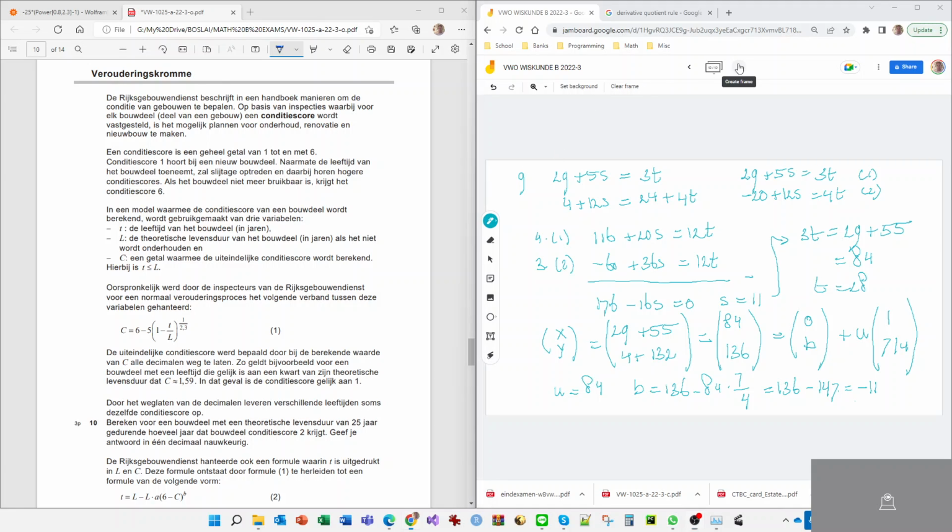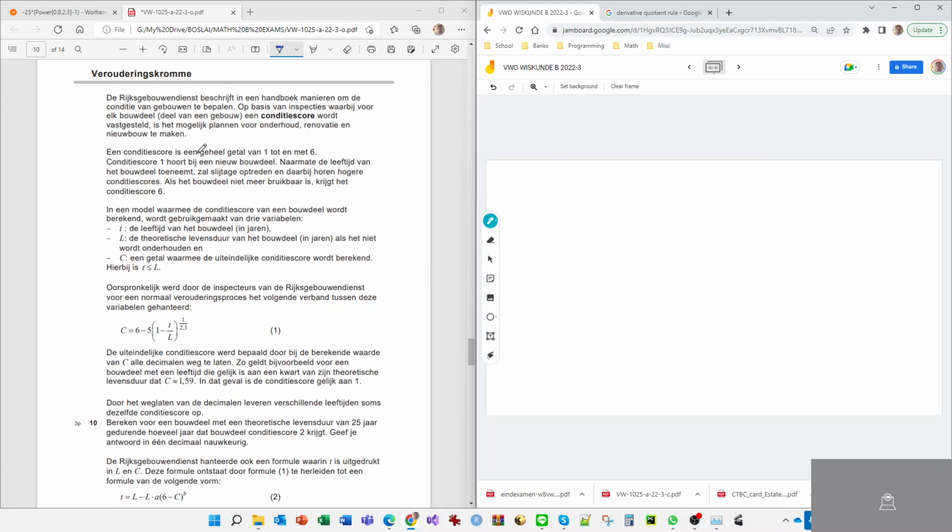Verouderingskromme. All right, another word, these word questions. Actually I don't know how to say this in English, it's a curve that is relevant for the decay of buildings.